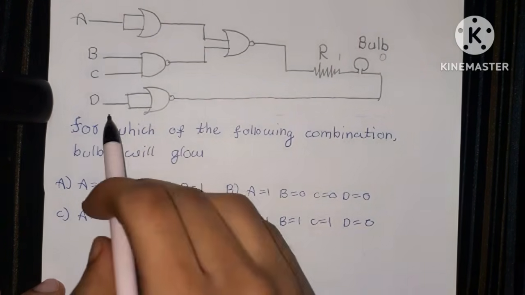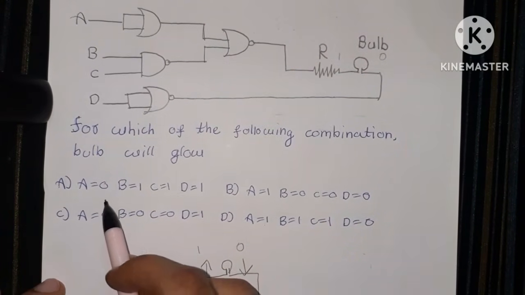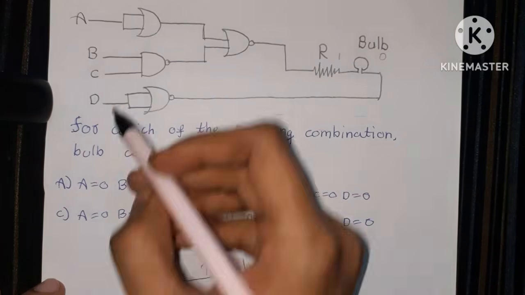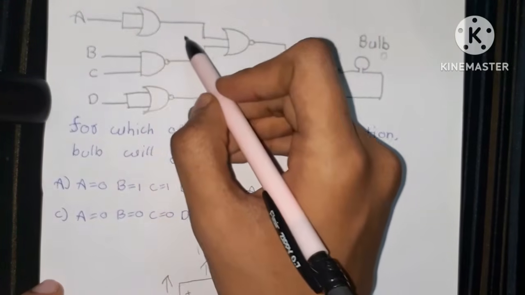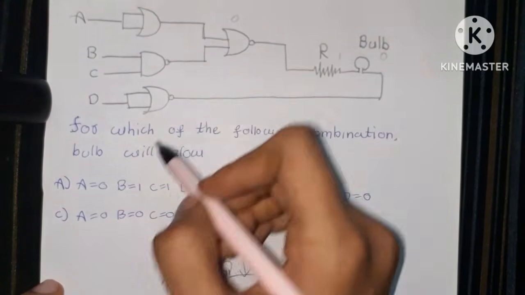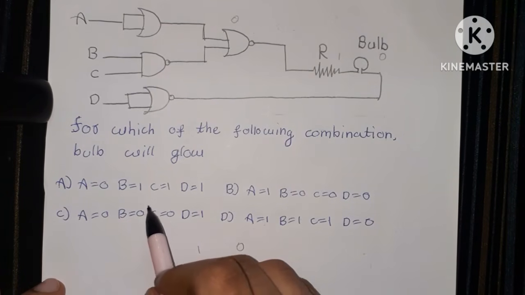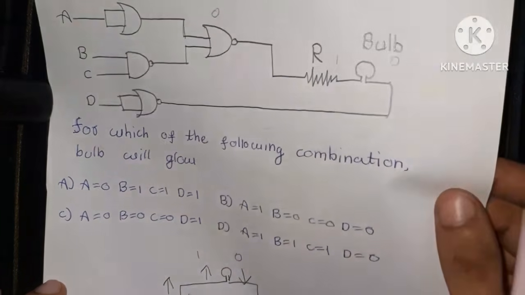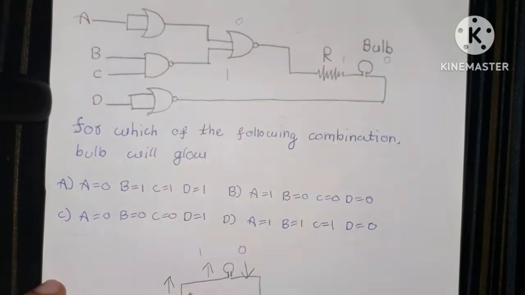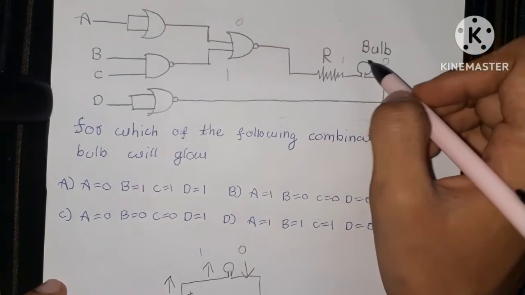Now how can we get that option, sir? Nothing great. We need to substitute each and every input that they have given here, 0 1 0 1. A is 0, so it will be 0. Here we are having 0. Next, what is B? 1. What is C? 1. 1 and 1, we are having 1 and 1. The 1 will be here. If it is 0 and 1, then definitely it will be a 1 here.